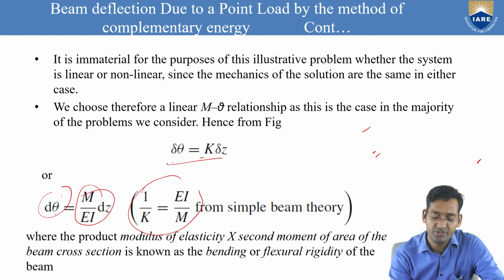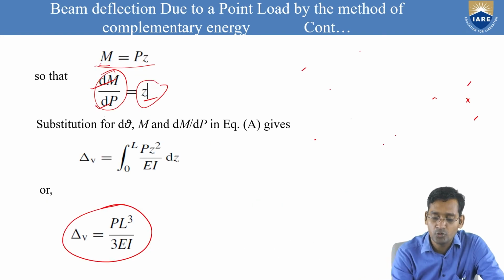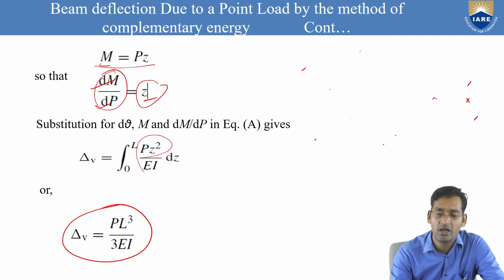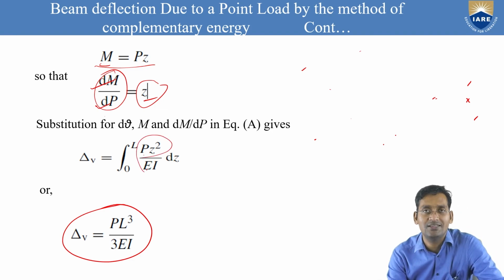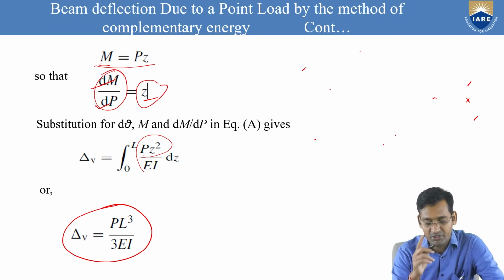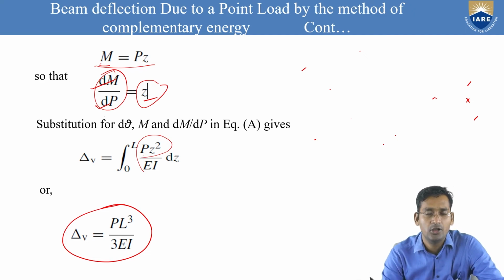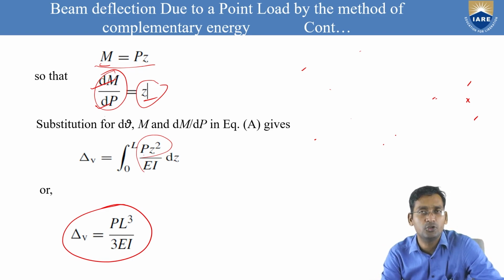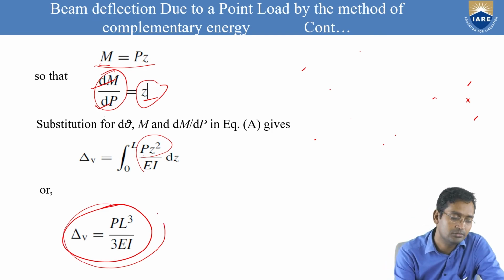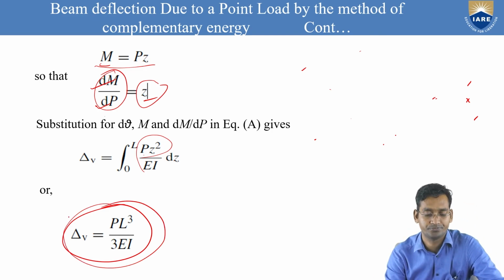M equals P Z, so replace M with P Z. After putting this, we get Z square by EI into dz. P is constant because the applied load is constant, so P by EI will be out of the integration. Only Z square dz has to be integrated, Z square dz is Z cube by 3. Substitute the limit and finally you will get this answer.